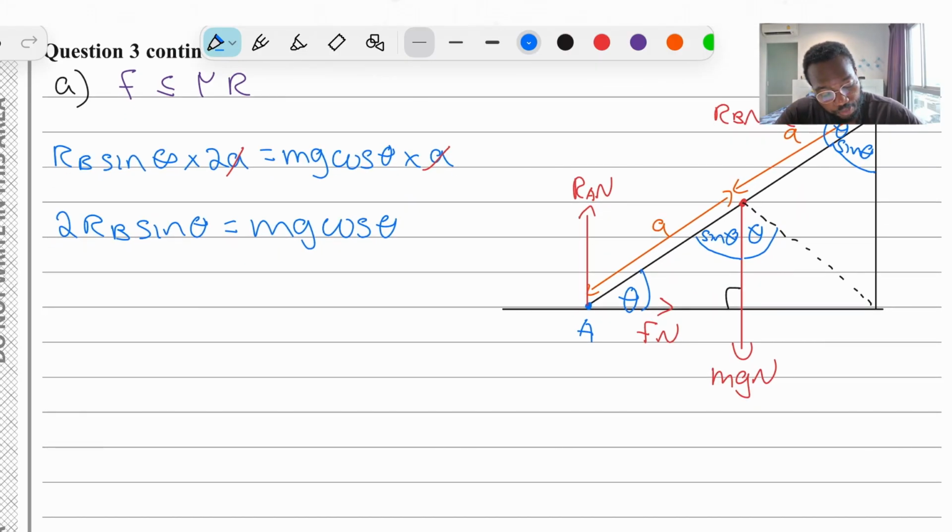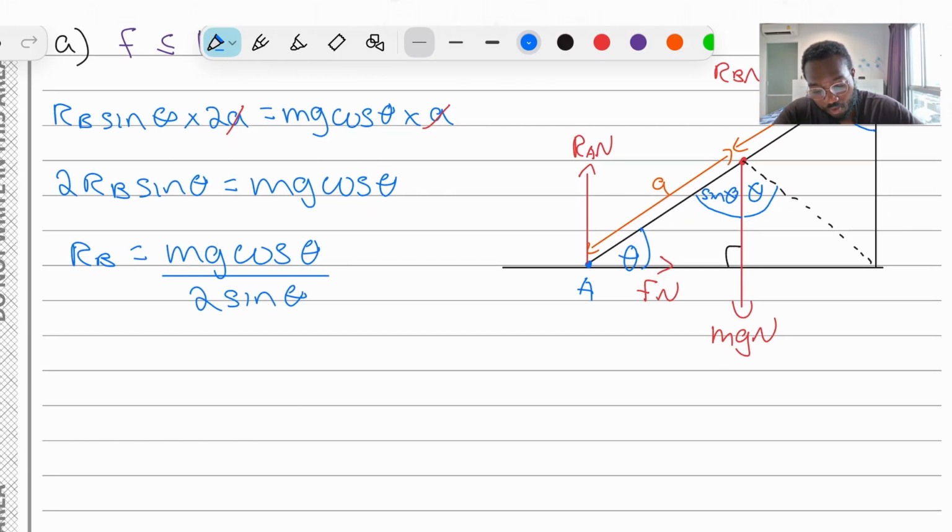So, for RB, that would be mg cosine theta, and we're going to divide by that 2 sine theta. So, therefore, we actually know what RB is. We know RB is equal to a half mg, and then cos theta over sine theta, that is just cot theta. So we've got that RB is equal to a half mg cot theta.